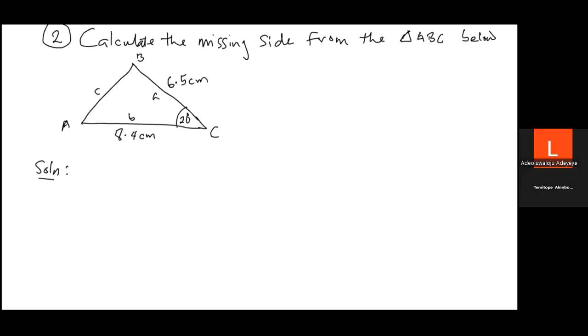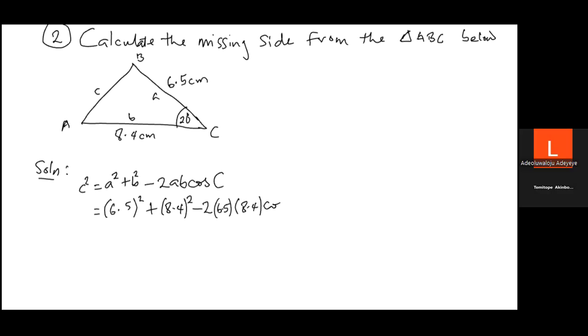Since I'm looking for side C, it will be C squared equals A squared plus B squared minus 2AB cos C. So this will be side A, which is 6.5 squared, plus side B, which is 8.4 squared, minus 2 times 6.5 times 8.4 cos 20 degree.